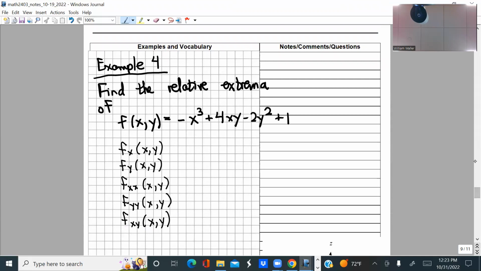All five of those. Remember, f_yx and f_xy will turn out the same. So that's why I calculate only five. When you're finding second partial derivatives, they're really only three, and with the first partials that's five.